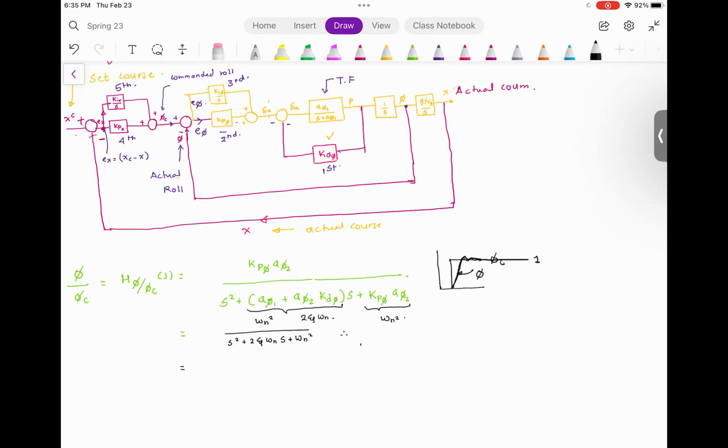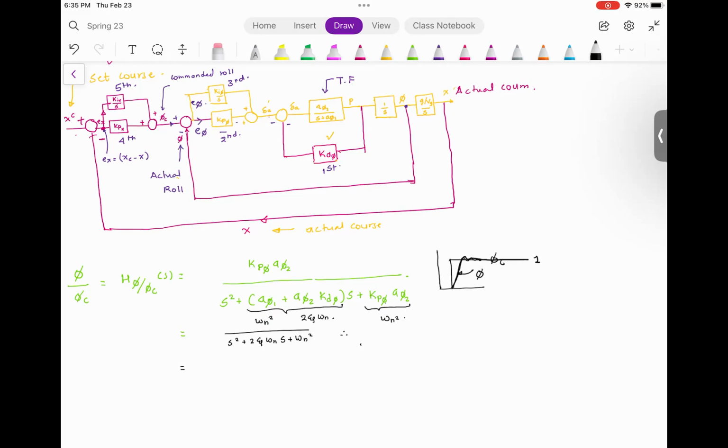Everyone understood this? I'm not looking at the transient state. When I look at the steady state, I need to get 1. And that is the true meaning of loop closure. Everyone understood this? Remember this. You will need it even for quadcopter design.